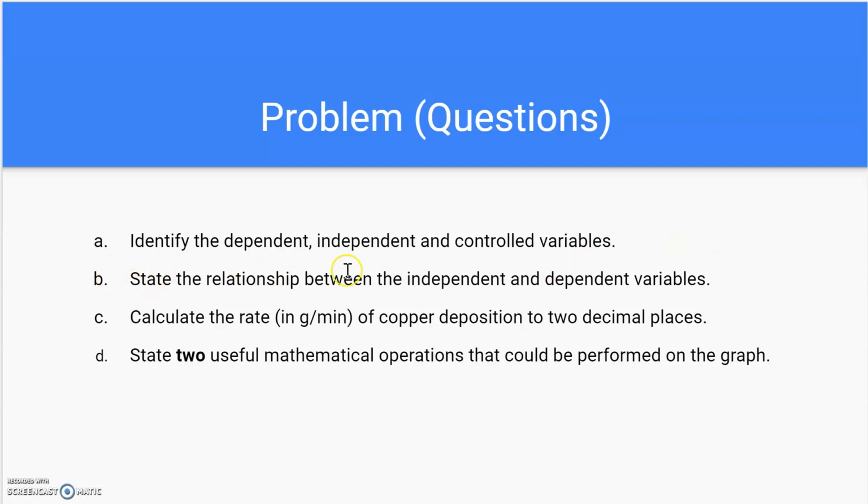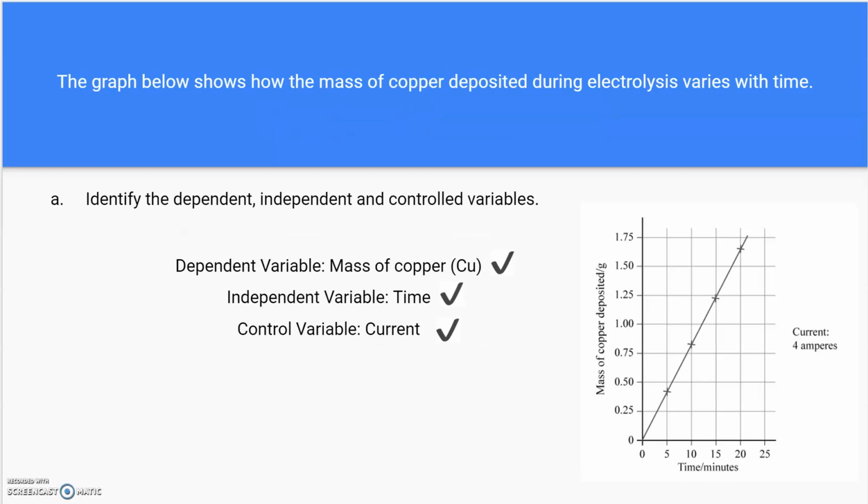Second, stating the relationship between independent and dependent variables. Third, calculating the rate in grams per minute of copper deposition to 2 decimal places. And finally, stating two useful mathematical operations that could be performed on the graph. So without further ado, let's look at part A.